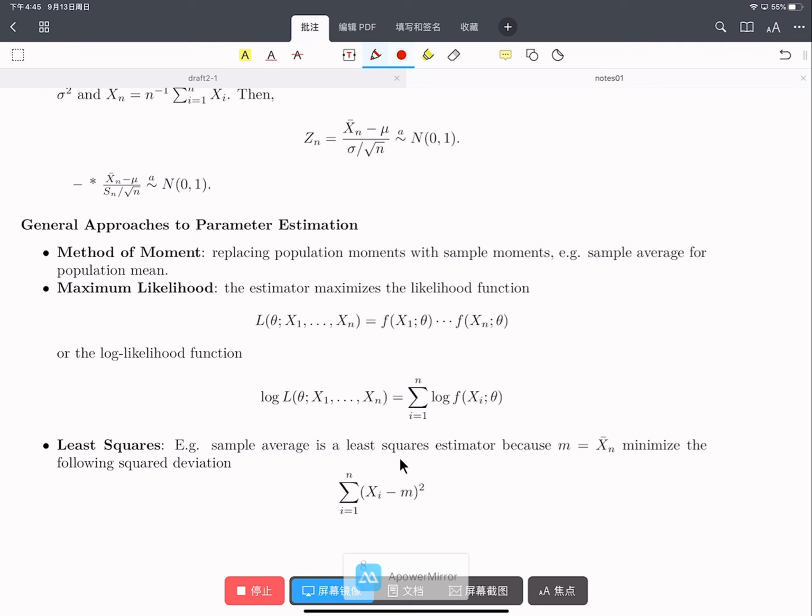If we have xi minus m, squared, and we choose m to minimize this sum of squares, we will obtain the sample average. Anyway, in general, there are basically three ways to do parameter estimation.